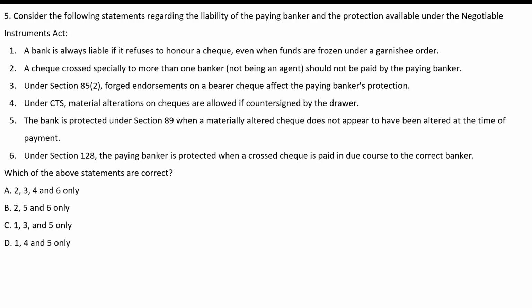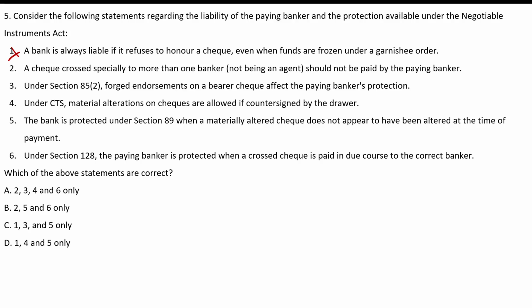Consider the following statements regarding the liability of the paying banker and the protection available under the Negotiable Instruments Act. A bank is always liable if it refuses to honor a check even when funds are frozen under a garnishee order. So this is incorrect. A check crossed specially to more than one banker should not be paid by the paying bank. So this is not correct.